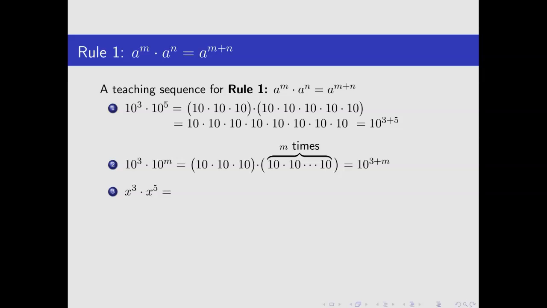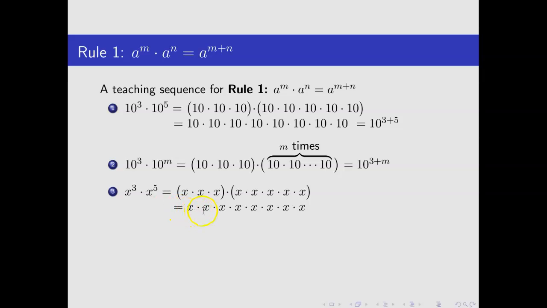All right, now going back and increasing our abstraction again, but notice we've abstracted in the base. I'm using an x here instead of a 10, but we've gone back to concrete values for the exponents again. So we'll get x times x times x. This is from x to the third, and then x times x times x times x times x, and that is from our x to the fifth.